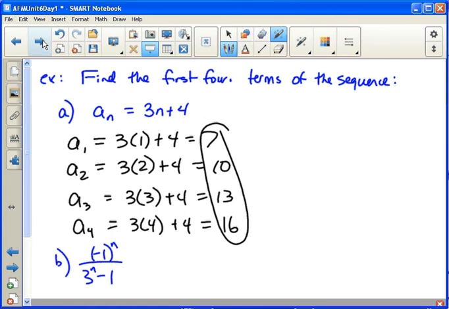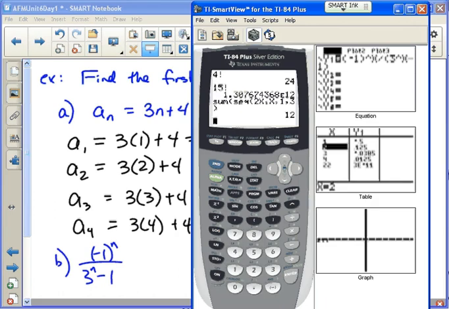You can also do this in your calculator. If you look down at B, one way you can do this is plug it into y equals. I have that already plugged in here, negative 1 raised to the x over 3 to the x minus 1. Notice the denominator is in parentheses. That's necessary. I can now go to my table and plug in 1, 2, 3, 4, which you see I already did here.